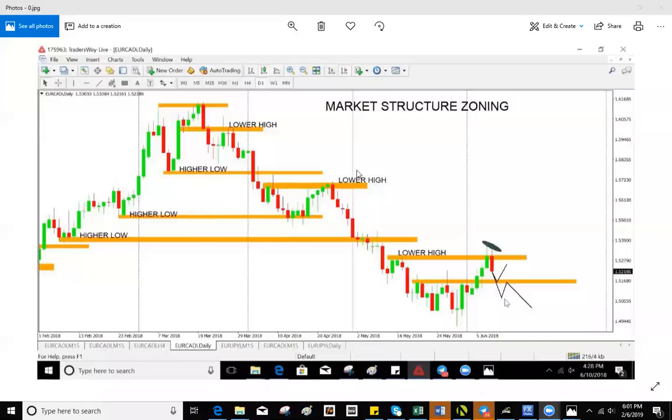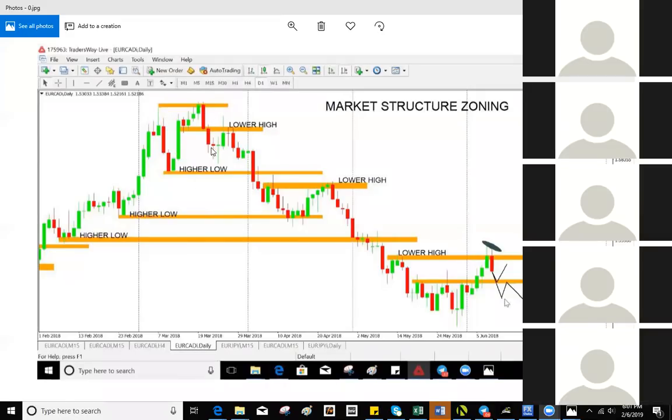Obviously we already know market structure, as simple as that, zoning. You could tell the structure: it's a higher low, higher low, higher low. And each higher low is like a zone, right? Then it comes and doesn't break that high, and retouches that zone.